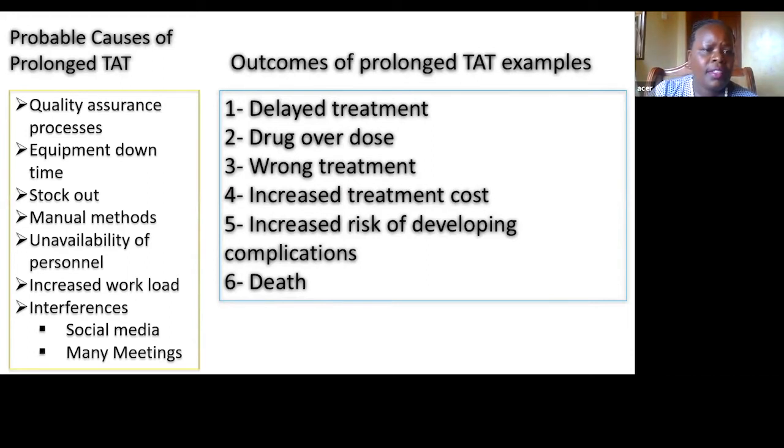So in this presentation, I also wanted us to look at the usual causes. Being in the laboratory setting, what are some of the usual causes of prolonged TAT, the turnaround time, that we should consider? And if we already know these causes, what should we do? Some of them are quality assurance processes.